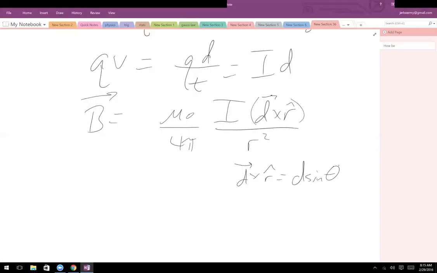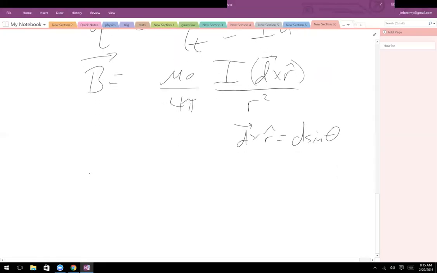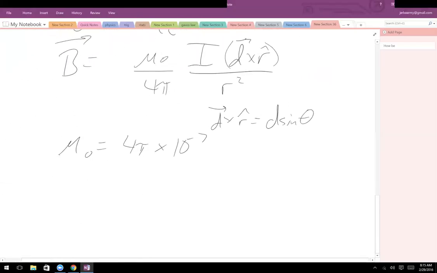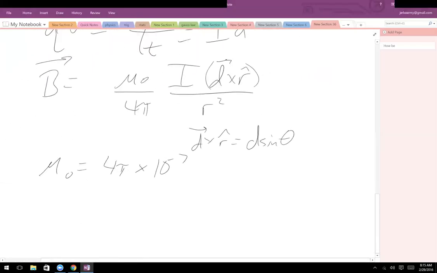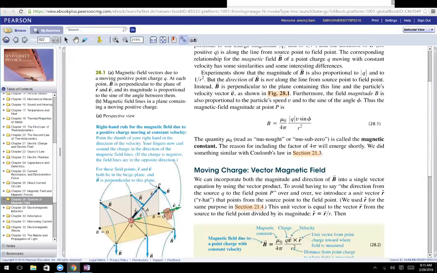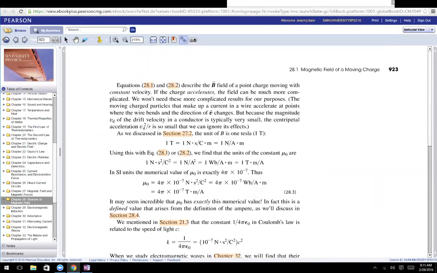Okay, and let me tell you what mu naught is. Mu naught is exactly 4 pi times 10 to the minus 7th. Oh, whoops. So this mu naught over 4 pi is actually just like 10 to the minus 7th. I'm just going to double check to make sure it really is 10 to the minus 7th.